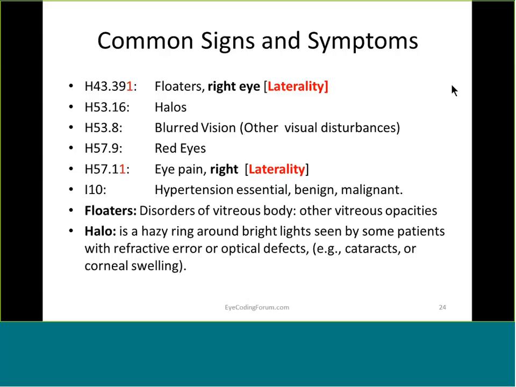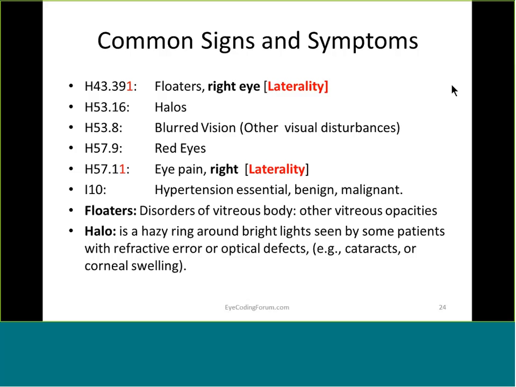The next code is blurred vision, listed as other visual disturbances, H53.8. The next one is red eyes, H57.9. Eye pain also has laterality. This is the right eye code, H57.11.